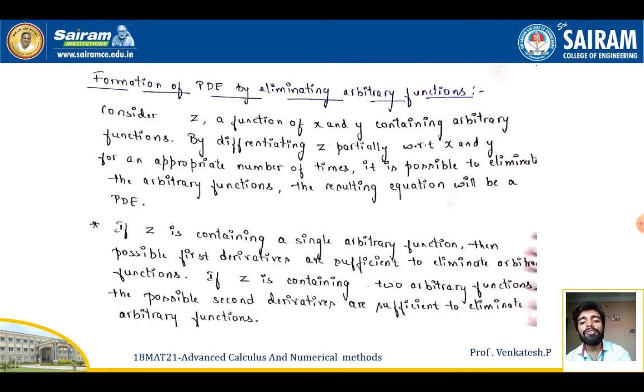Suppose z contains two arbitrary functions, then the second derivatives are sufficient to eliminate the arbitrary functions. So if z has two or more arbitrary functions, we have to differentiate the given equation z twice to eliminate the arbitrary functions and to frame the partial differential equations.